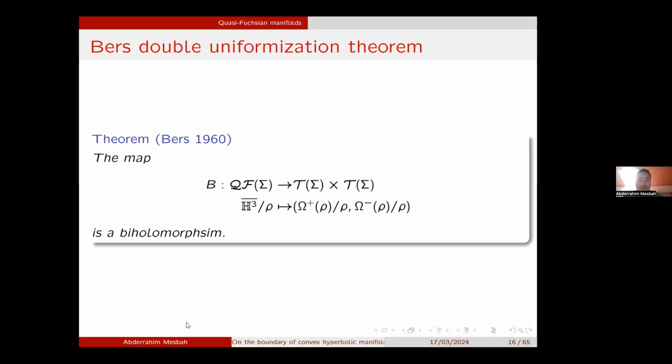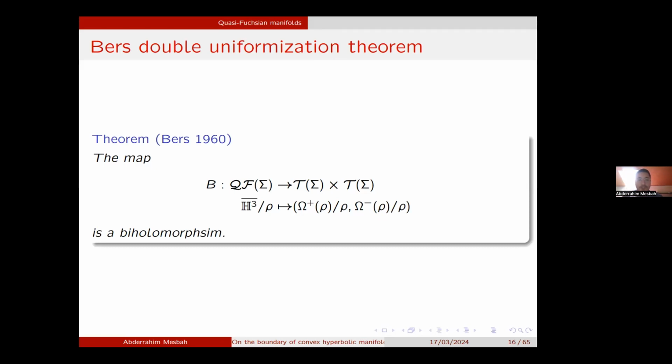Also, it's worth noting that the space of quasi-Fuchsian manifolds is biholomorphic to Teichmüller space times Teichmüller space of the surface. Many of you already know what Teichmüller space is: the conformal structures on the surface modulo isotopy, or equivalently the hyperbolic metrics on the surface modulo isotopy.